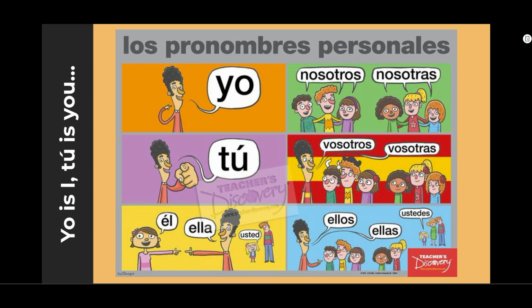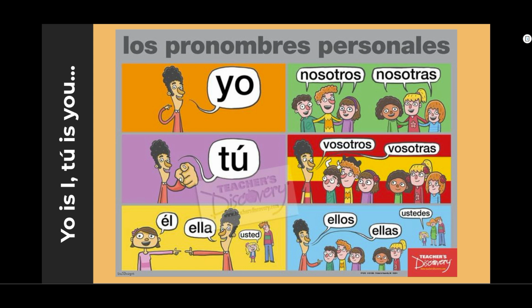Any group that I'm not a part of though, I'm going to look to box 6. I'm going to look for ellos, ellas, or if I'm talking to a group of people, like if I'm talking as your profesora and I'm like, hey, estudiantes, absolutely super inteligentes, ustedes need to do a little bit more review of this stuff before we go on.